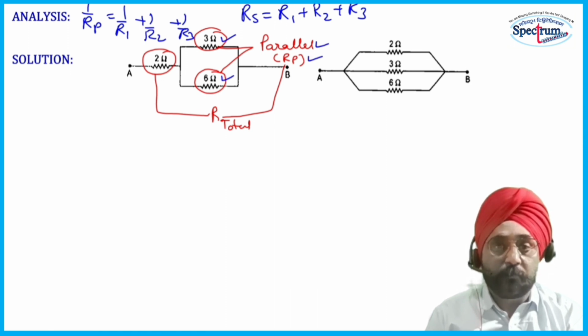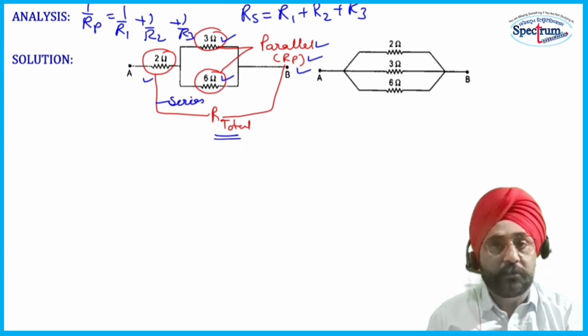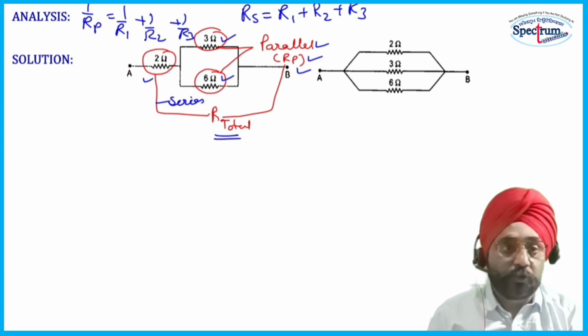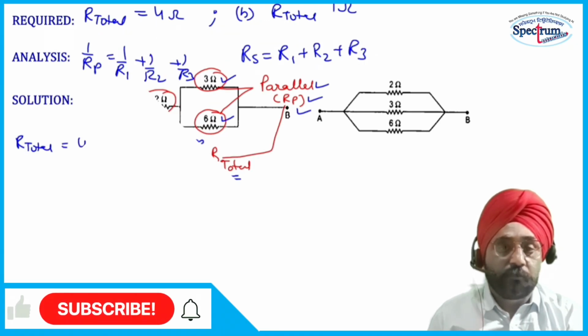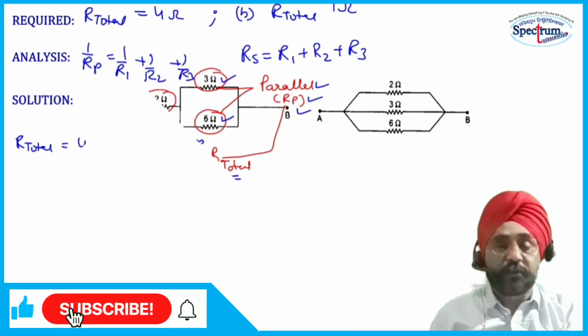Then we combine RP and 2 ohm resistance in series and find R total.